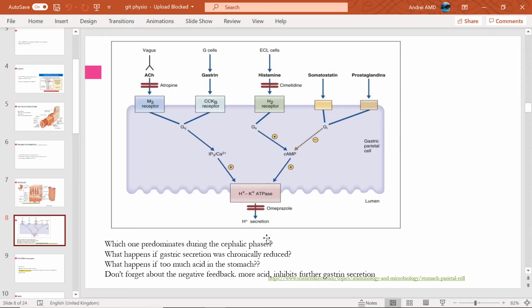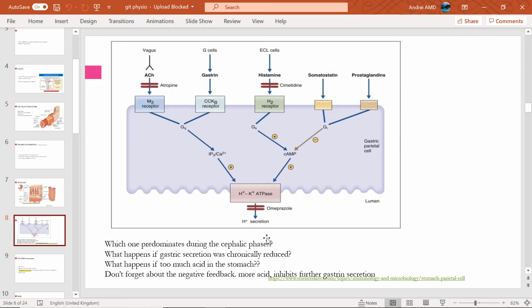First of all, you have to know how this parietal cell secretes hydrogen. It secretes by the hydrogen potassium ATPase. By releasing hydrogen, it exchanges with potassium, and this is an ATPase.